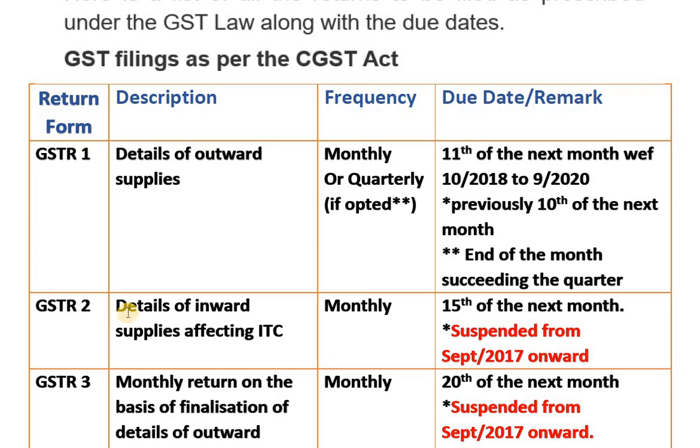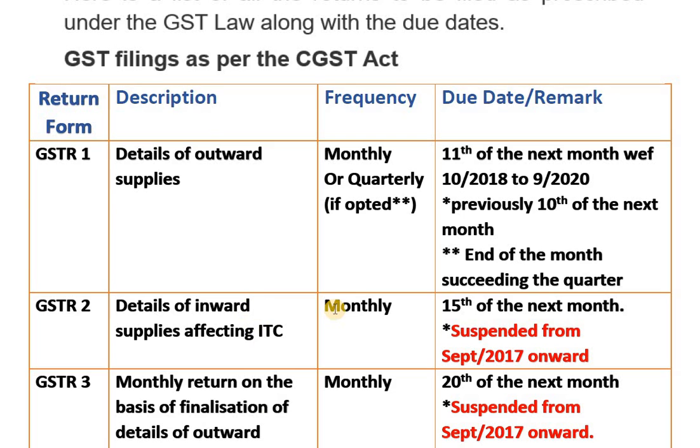For GSTR 2, it is the detail of inward supplies affecting ITC. Inward supplies means whatever purchases you have done, that will be included in the return form GSTR 2. This GSTR 2 you need not file, but it is auto populated.